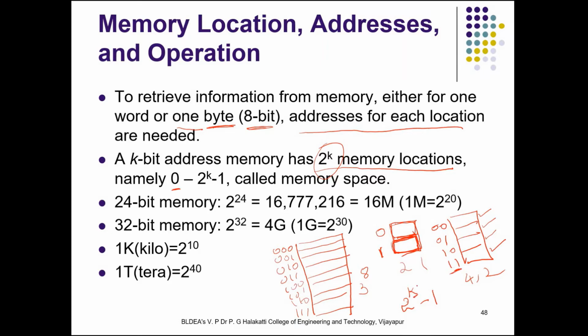If it is 2 bits, then 2 raised to 2 minus 1 is equal to 4 minus 1.